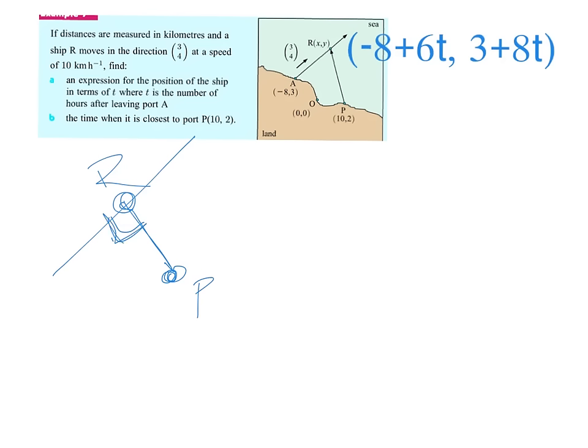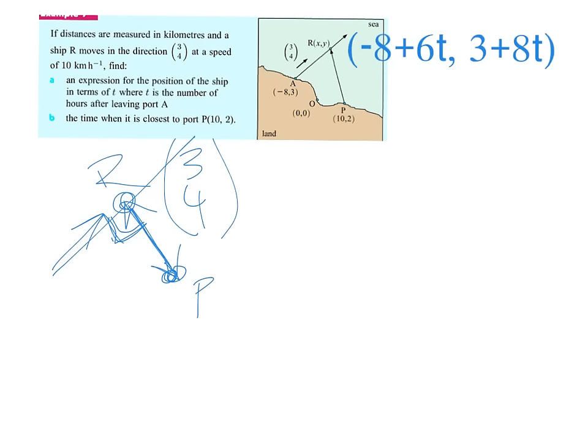We know that the direction vector of this line is going in the direction 3, 4. And we need to find the vector. We can either use RP or PR. It's just a matter of where you want the negatives.